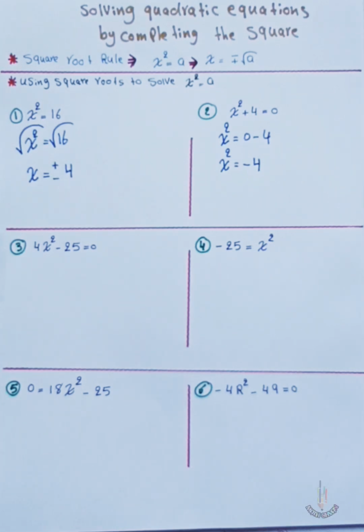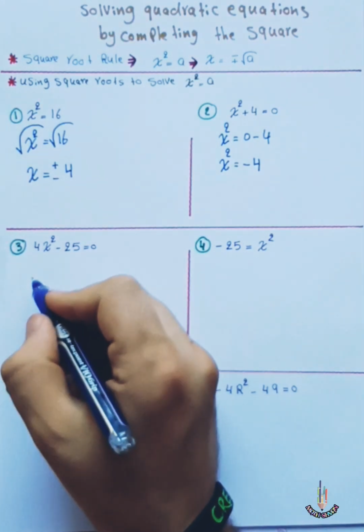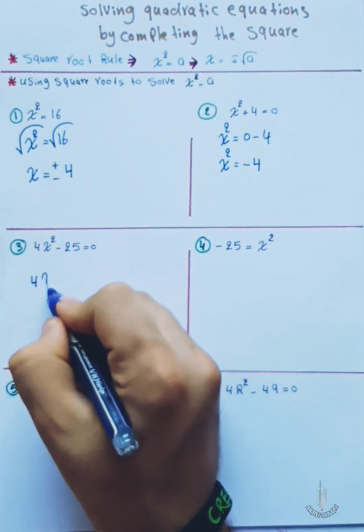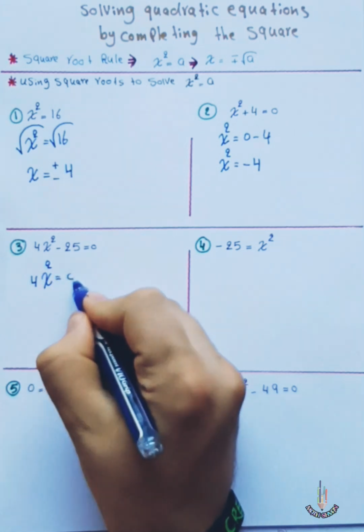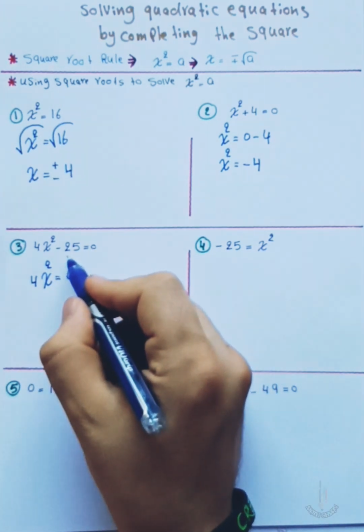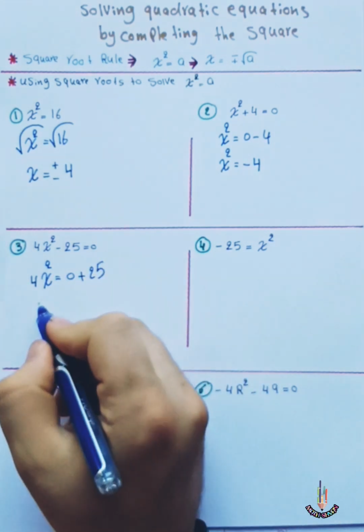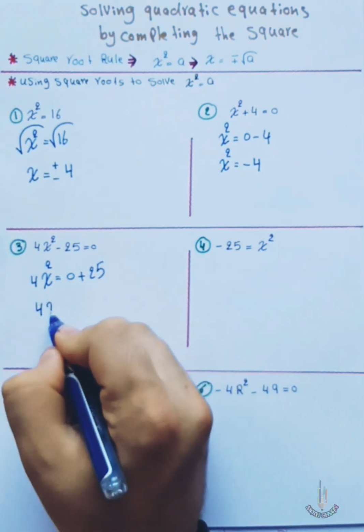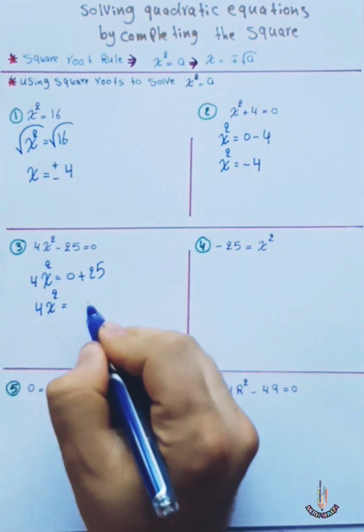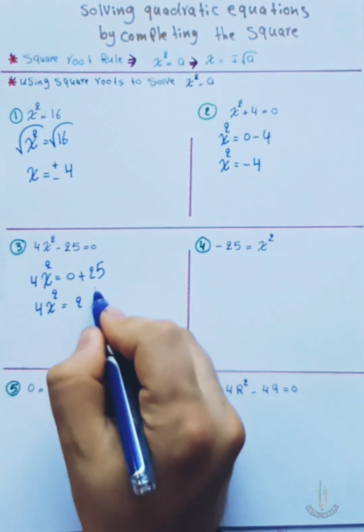Example number 3, we have 4x squared minus 25 equal to 0. We have to move negative 25 to the right side so that x squared stays alone. So we have 4x squared equal to 0 plus 25, which is 25.